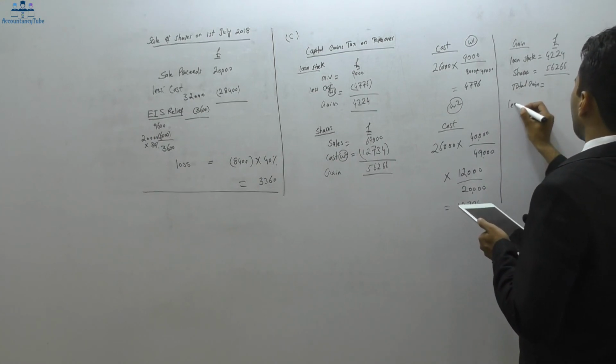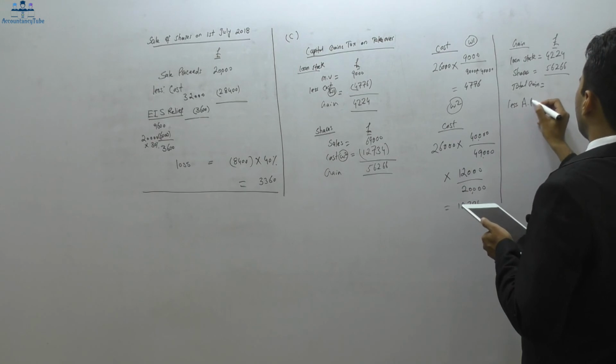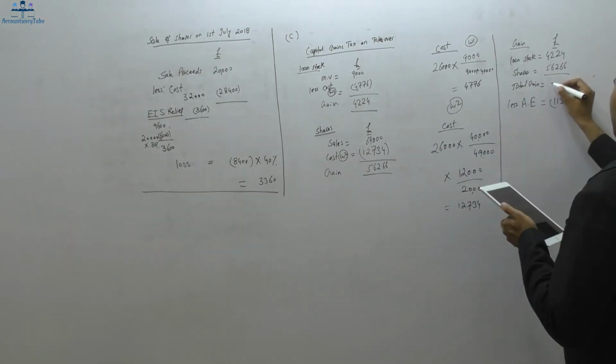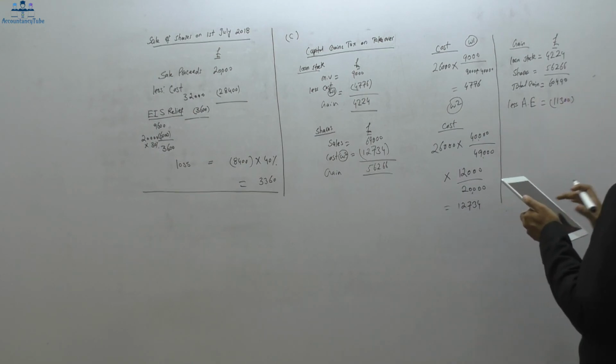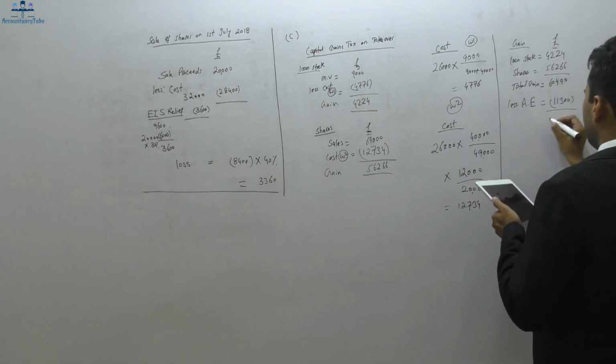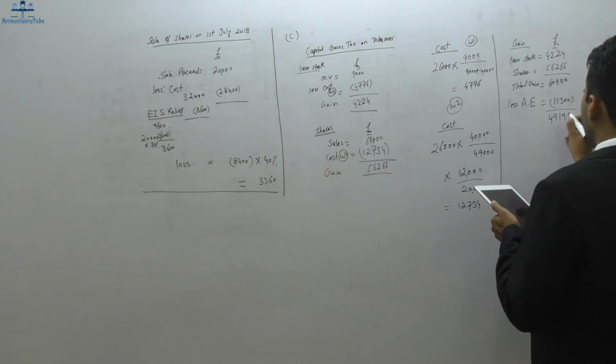And then we'll have to deduct the annual exempt amount, annual exemption out of that, which is 11,300, I believe. That is 60,490. And if we deduct 11,300 out of this, that is 49,190.